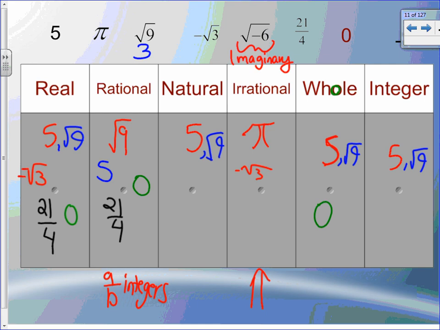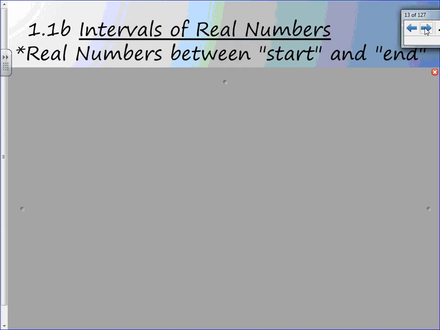So the integers are negative 3, negative 2, negative 1, 0, 1, 2, 3. These are our integer values. So yes, 0 is an integer. All right, are there questions on these? Remember, you have to be able to put these where they belong.